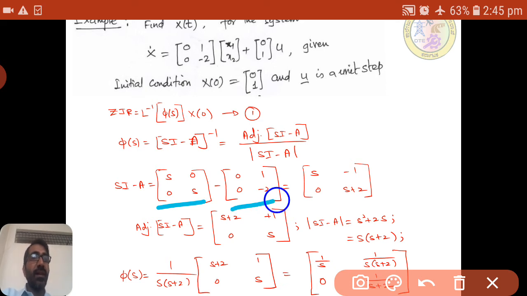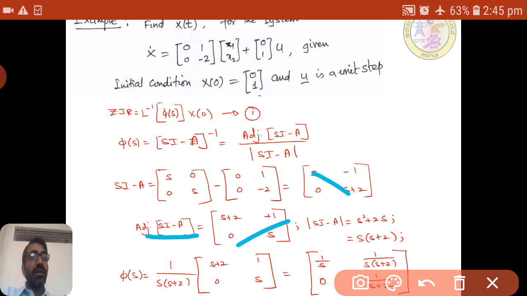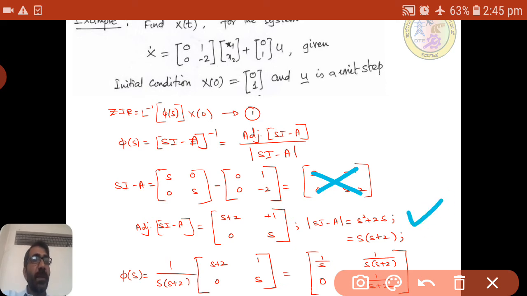This is sI and this is A, sI minus A is this one, and for the adjoint, the diagonal terms get interchanged and the signs of the other terms change. The determinant we can give as s into (s plus 2), that is s square plus 2s.